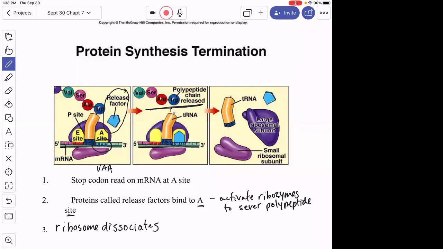The small subunit comes apart from the large subunit, release factors are released, and translation stops. For transcription, termination either involves a Rho protein or it's dependent on some sequence that's read. Translation stopping involves a stop codon and those release factors. So very different processes.